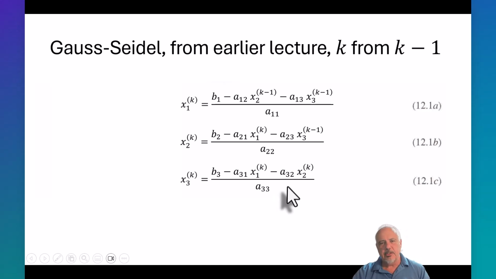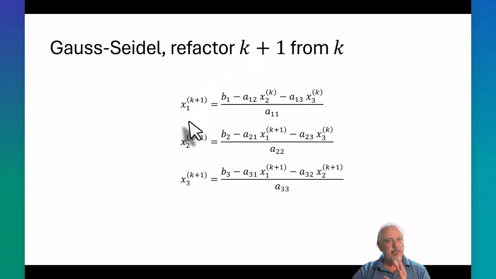That's the idea, but this was built on getting a k from a k minus 1. What I'd like to do is refactor those equations so that I'm getting the k plus 1 x1, x2, x3 from the k x1, x2, x3. So the k plus 1 x1 will depend on the k x2 and the k iteration x3.